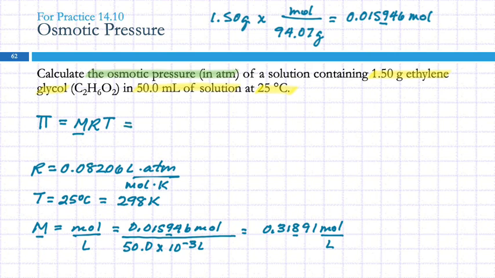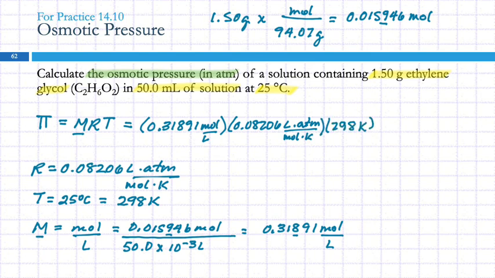So now we've got the numbers we need. 0.31891 moles per liter times 0.08206 liter atmospheres per mole Kelvin times 298 Kelvin.